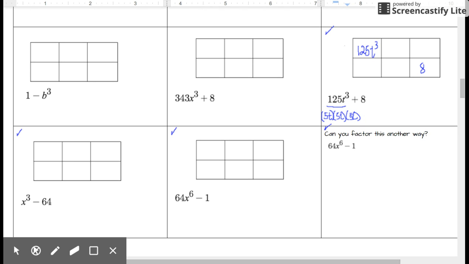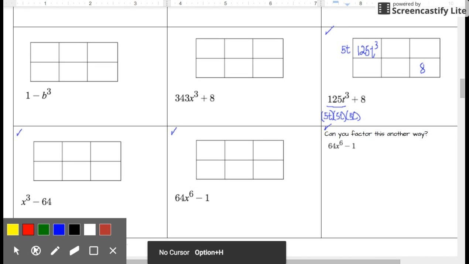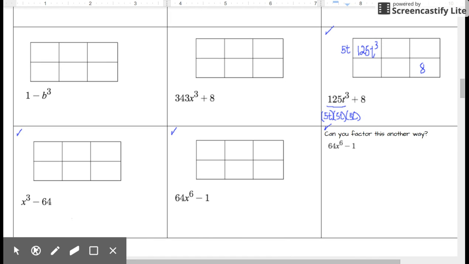And so one of the factors of 125t cubed is 5t, and we put that in width. And then for 8, we know that 8 is 2 times 2 times 2. So one of the factors of 8 is 2. So let's put that here.